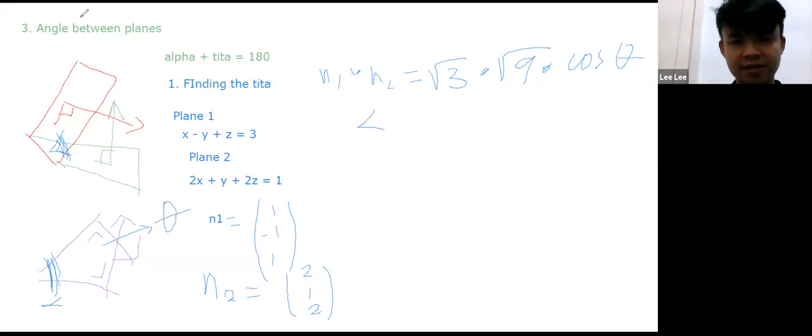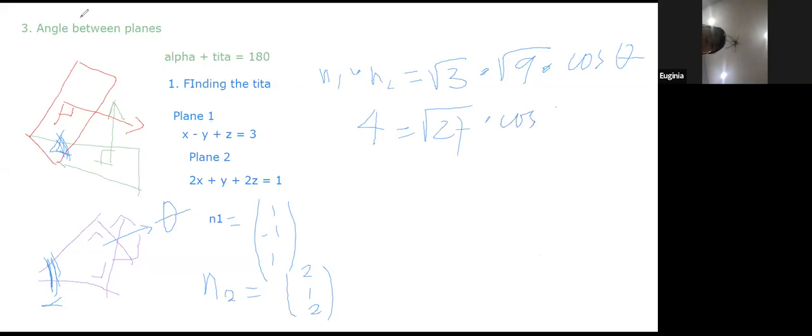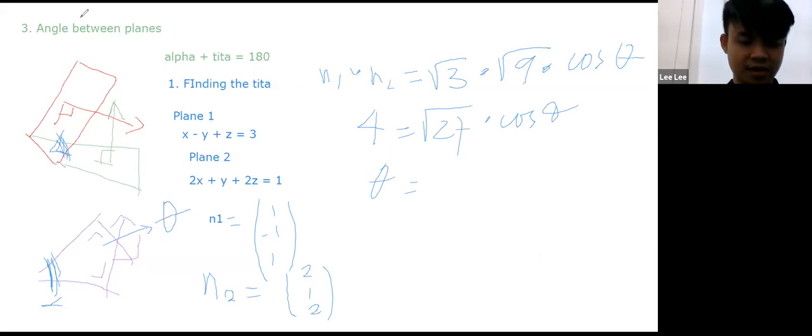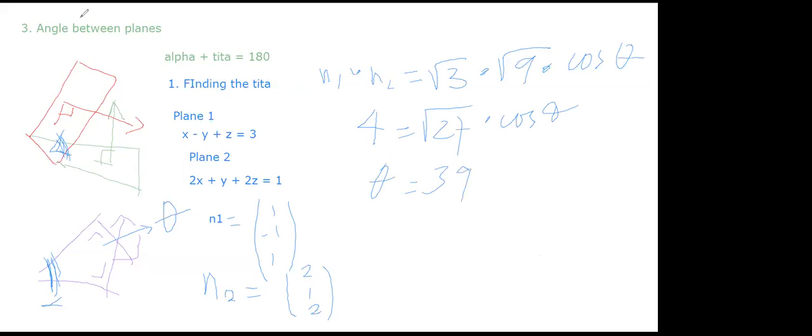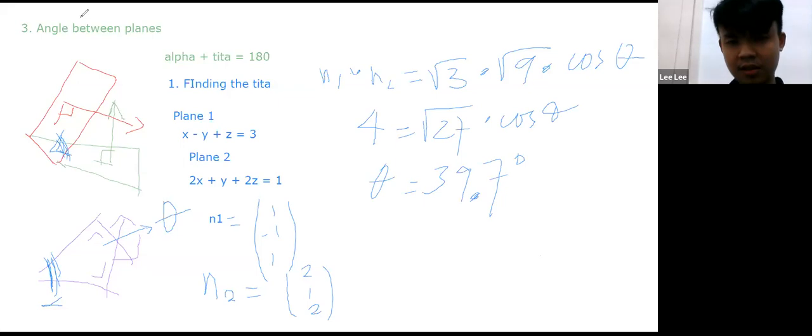So I got a 4 right here. So 4 divided by square root 27. Then you shift cos of it, so it gives you 39.7 degrees. Then you can find alpha after that: 180 minus 39.7.